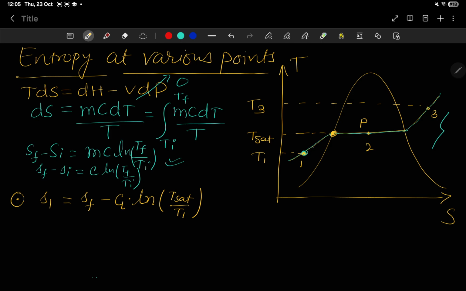Okay, so if we are coming from here to here, this will be T final, and this will be T initial, right? So this is S1.